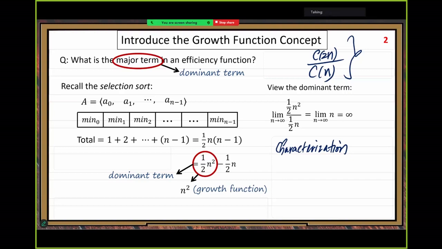So we can use the growth function to define a category, to see which category this algorithm belongs to. Here, simple growth functions.